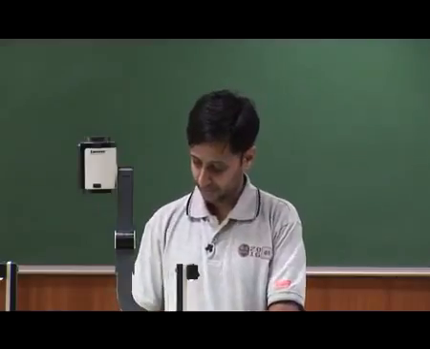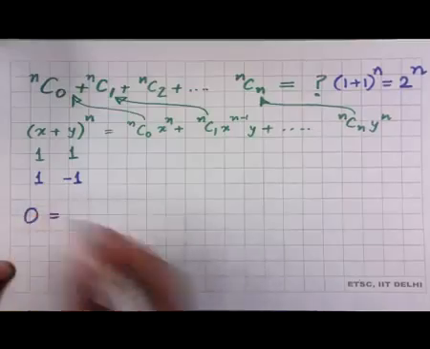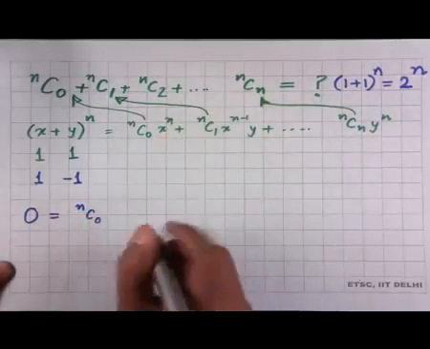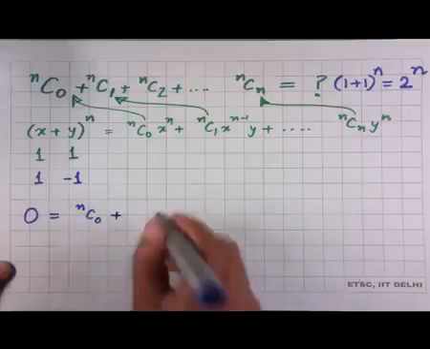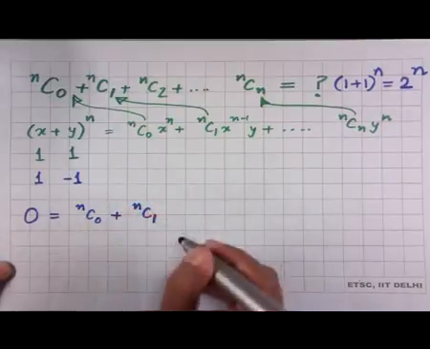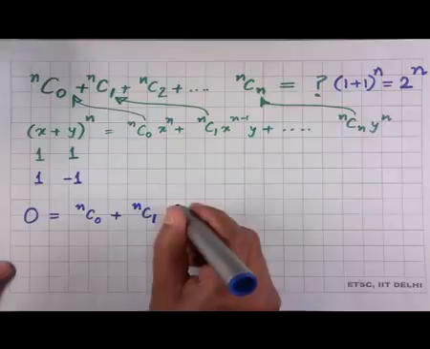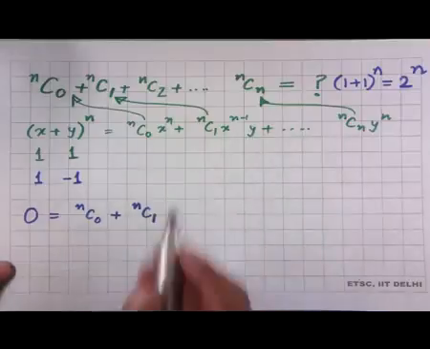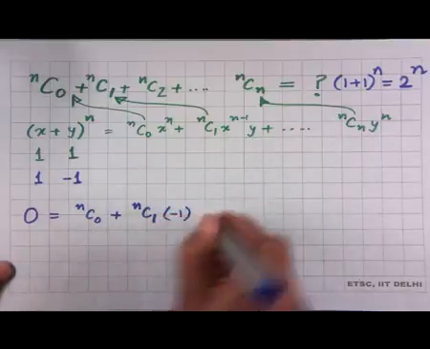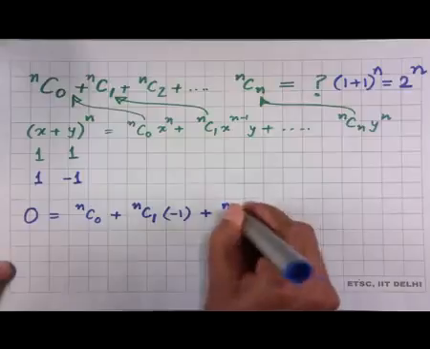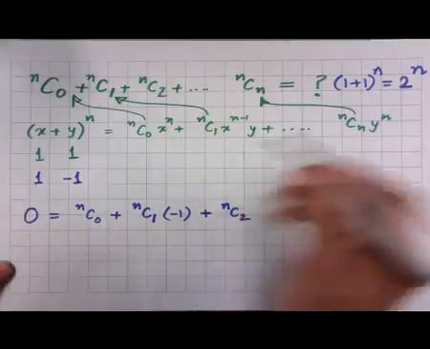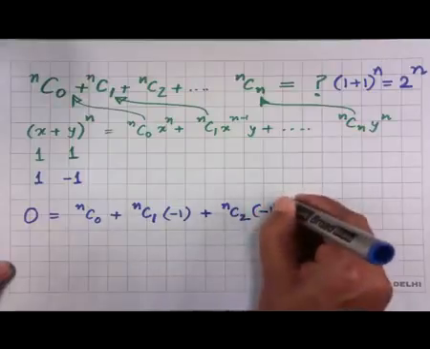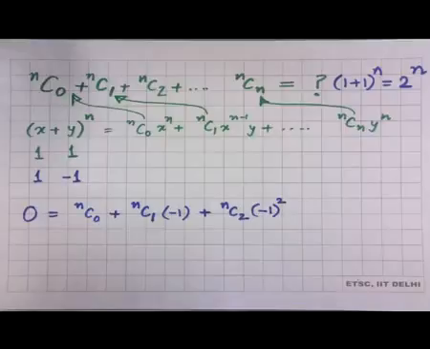Okay. So, 0 is equal to n choose 0 1 to the power n plus n choose 1 1 to the power n minus 1 times y, y is minus 1, plus n choose 2 1 to the power n minus 2, which is 1, times y power 2, y is minus 1.